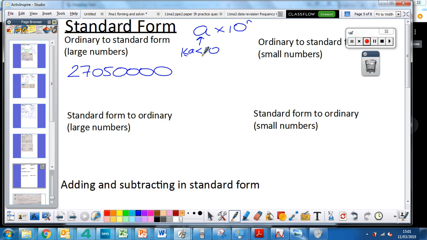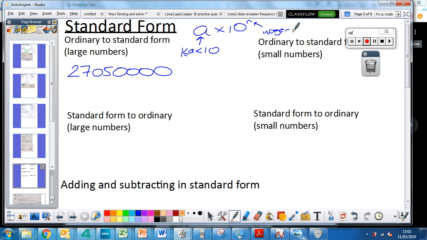So, for example, 1.7, 9.8, but not 0.6, but not 12.3. It has to be between 1 and 10, but it can't be 10. Really important. The n up here is an integer, so a whole number, but it can be positive and it can be negative. Okay, so we have to have that in mind as a starting point.